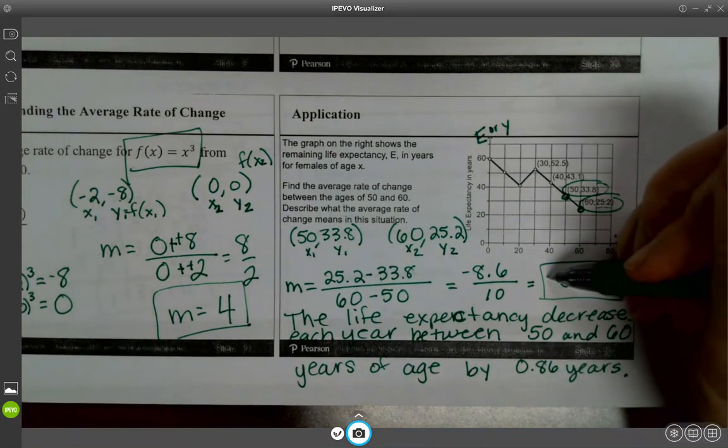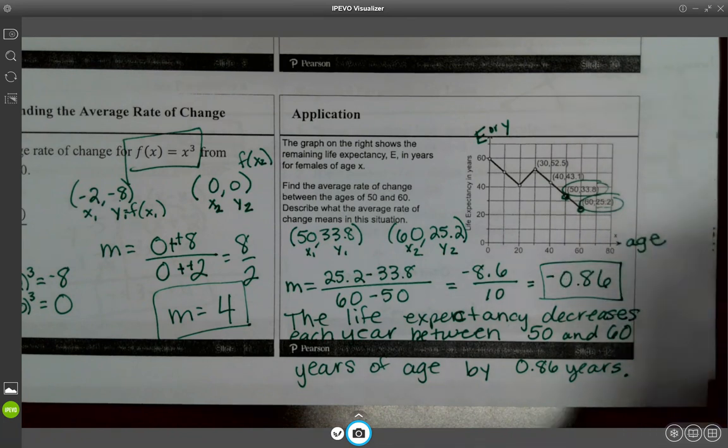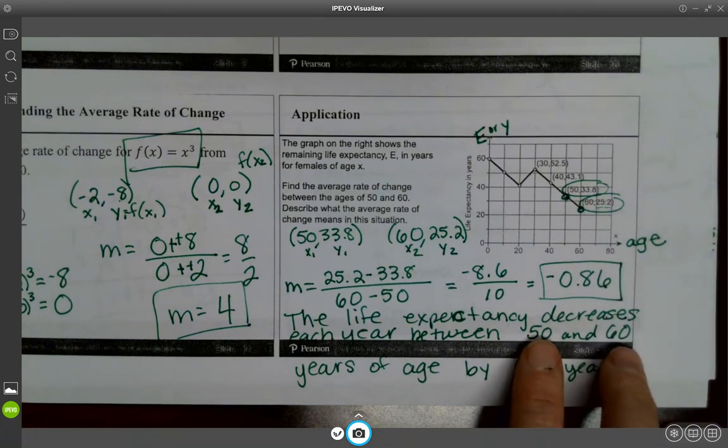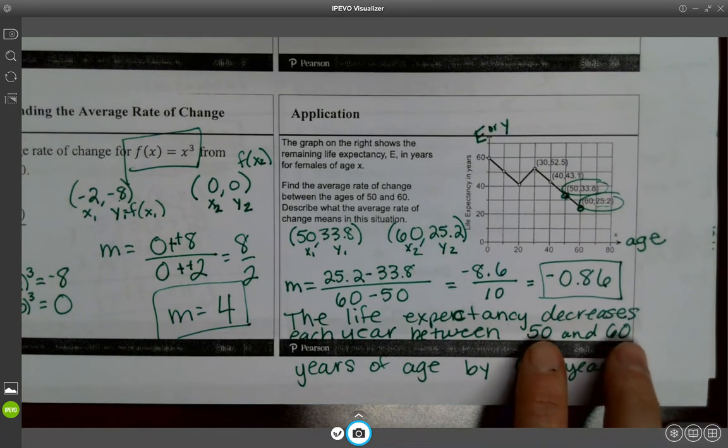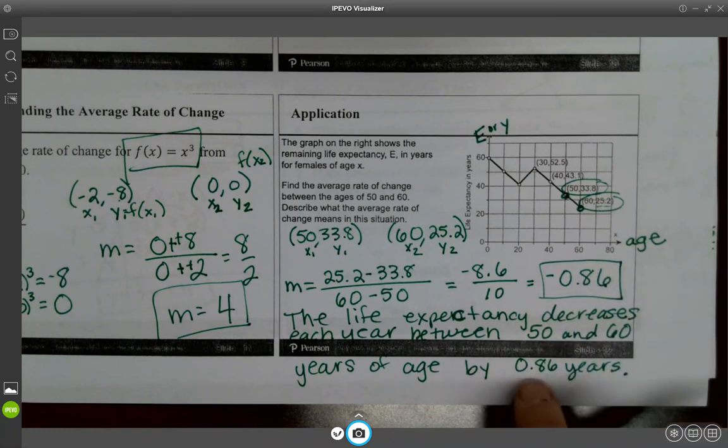So it is a decrease, so it's a negative. And we're looking at just between each year between 50 and 60 years of age, it's decreasing by 0.86.